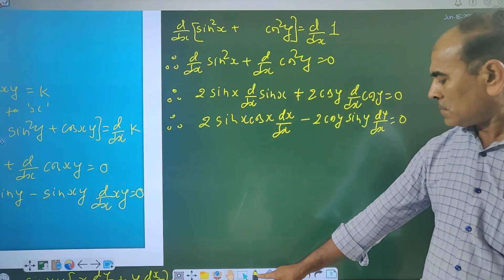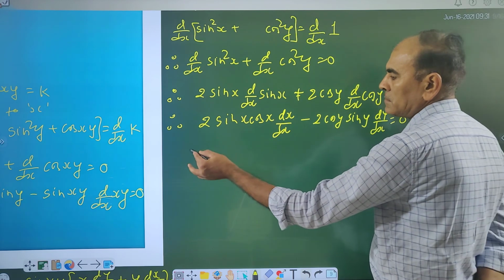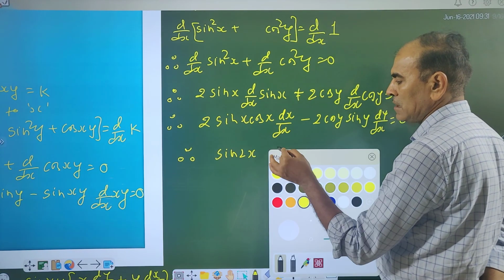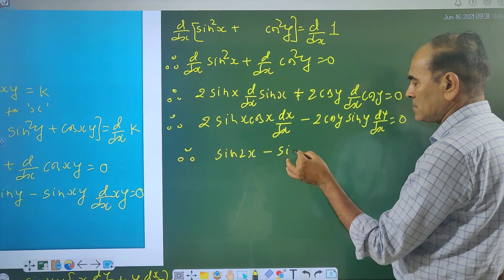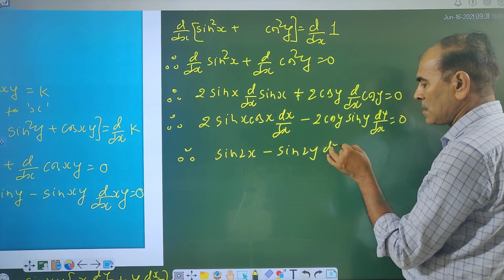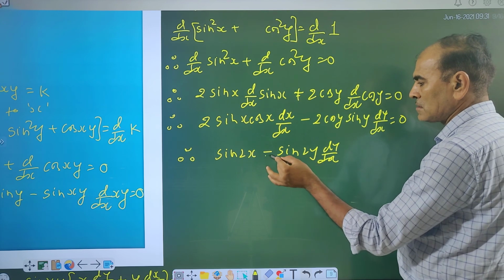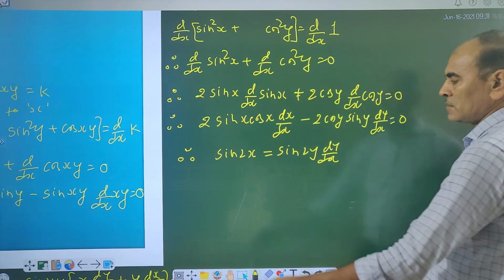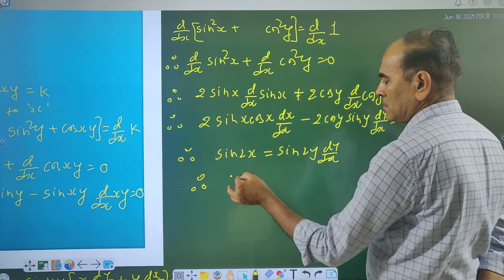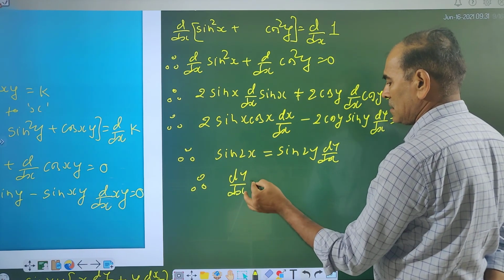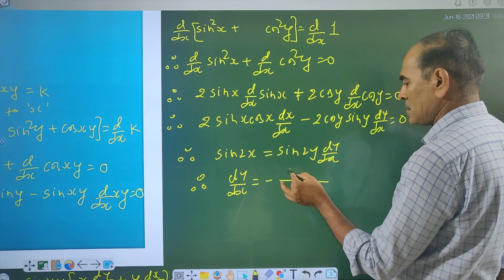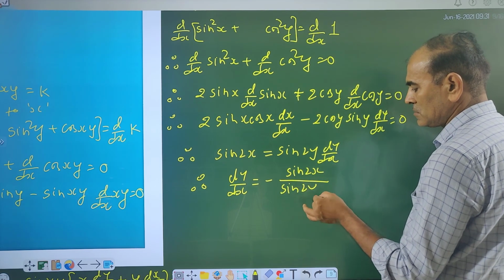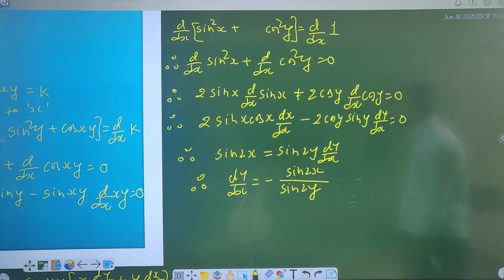So what can you say about this one? It is nothing but sin 2x minus sin 2y into dy by dx, and take it on the right hand side also. So what is dy by dx? So dy by dx is equal to minus of sin 2x upon sin 2y. Yes or no? Yes.